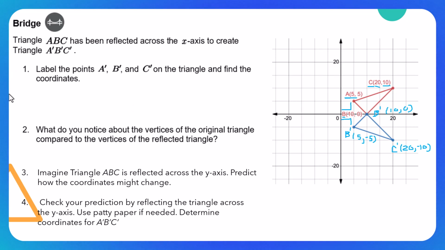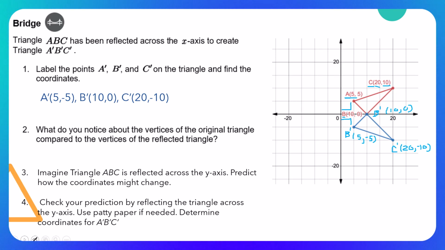All right, now we want to label the points A prime, B prime, C prime on the triangle. All right, so we've done that. So for question number 2, what do we notice about the original triangle compared to the vertices of the reflected triangle? So let's first write those down.